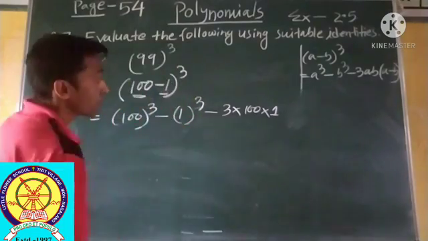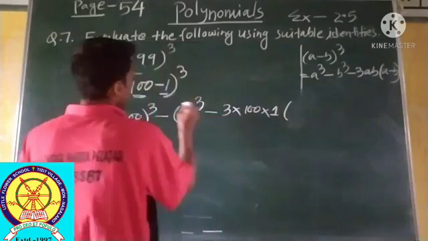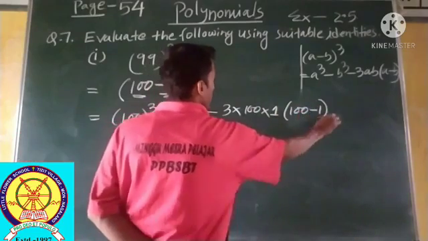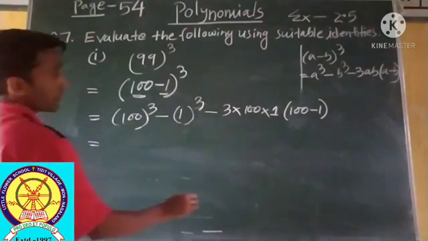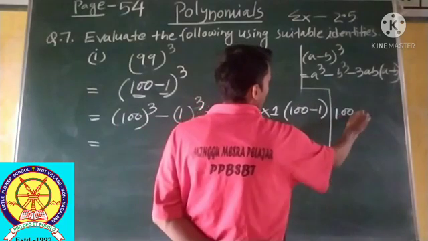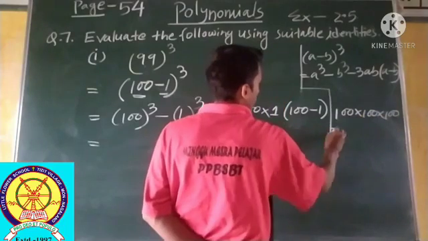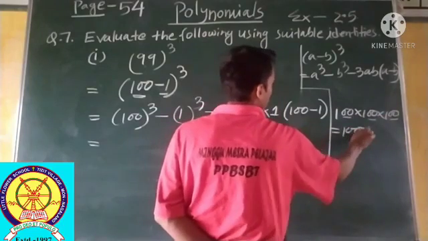Next, into the bracket of a minus b, that means 100 minus 1. So 100 whole cube means 100 into 100 into 100. So you will get 1 followed by 0 six times.